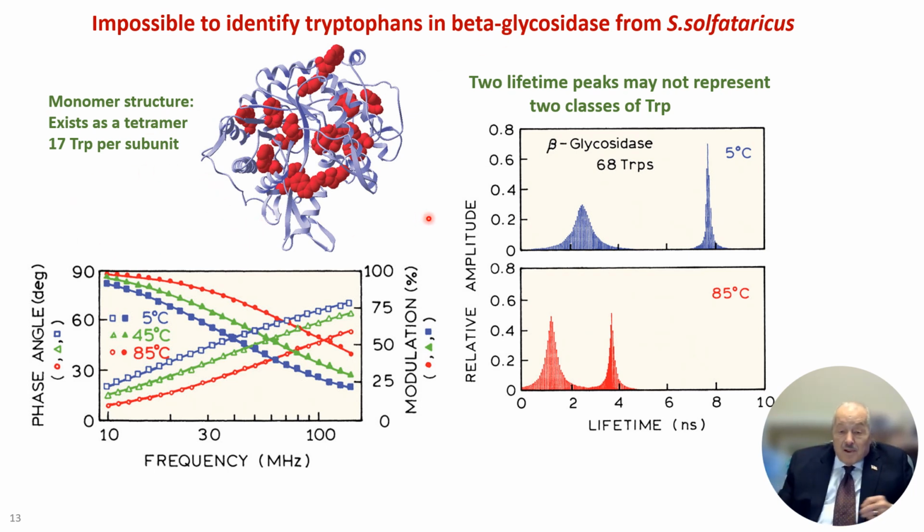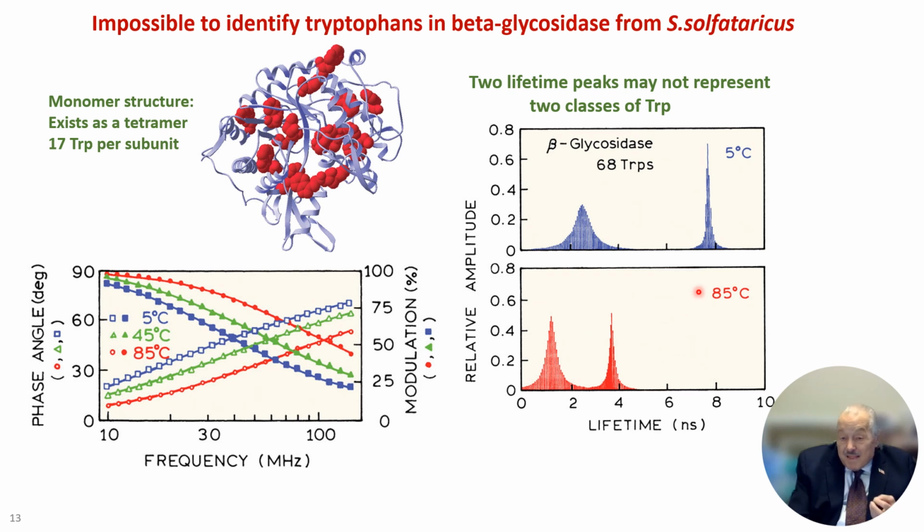The monomer has 17 tryptophans in it, so you're never going to resolve those. You heat the protein up, all of the frequency responses shift to higher frequencies, meaning the lifetime is getting shorter. You can do a lifetime distribution analysis for this, and you get two major components at 5 degrees and two major components at 85 degrees.